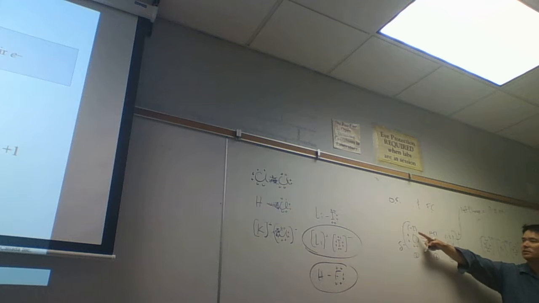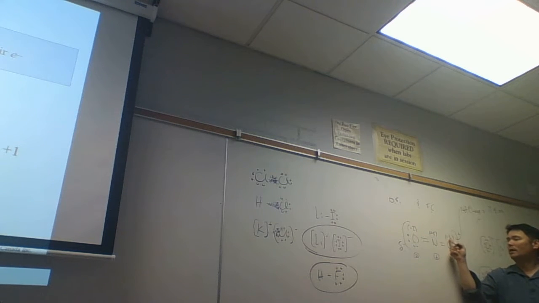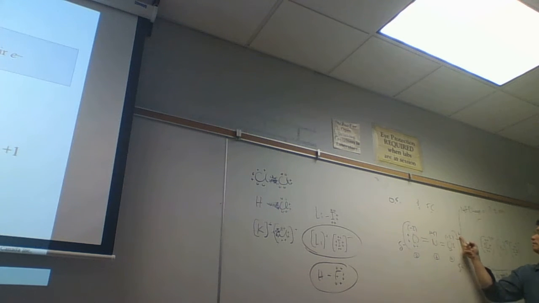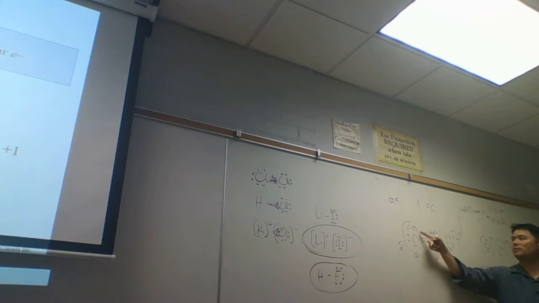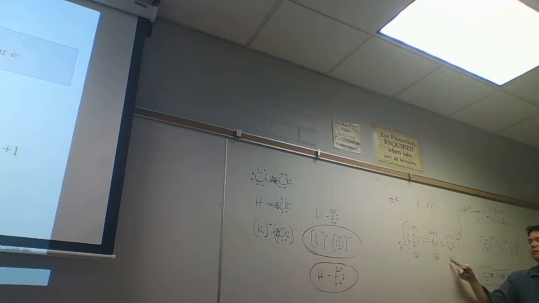If I look at the oxidation states, -2, -4, +5 is +1. Or we can calculate it using the second way: the sum of the formal charges. If we sum up the formal charges, it's 0 + 1 + 0 is +1. And so the net charge is either the sum of the oxidation states or the sum of the formal charges. They both should give us the same number.